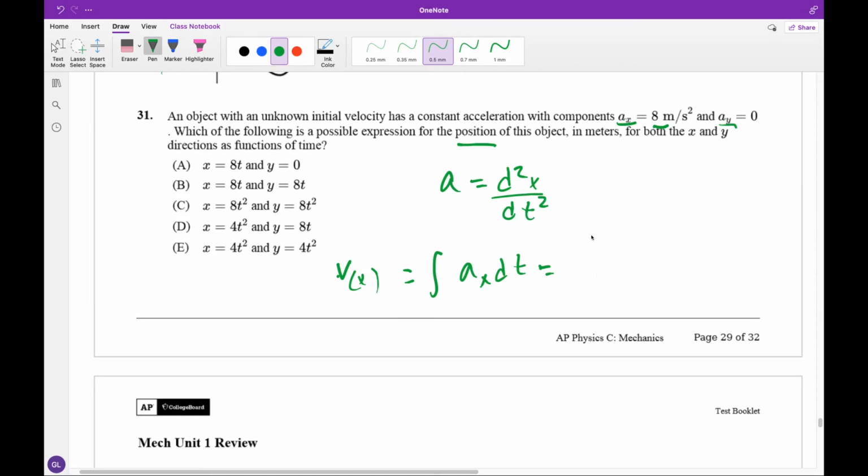Okay, what do we do? So in the x direction, that's 8t for the velocity in the x direction. And then the velocity in the y direction is going to be 0 times t plus c. Oh yeah, plus c. So there's no acceleration. So whatever velocity in the y direction, that's just that.